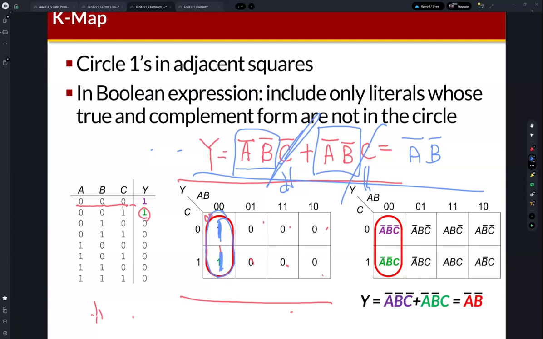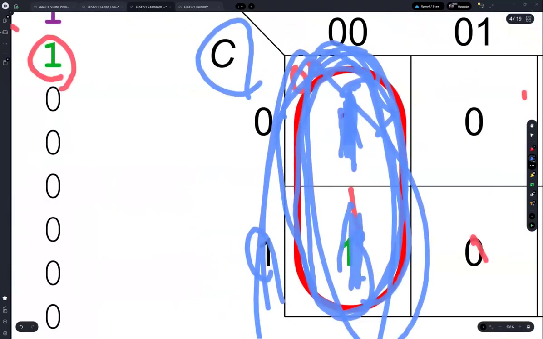So in this case, we can just merge these elements. Okay, so one here and then one. So this is the 1 and this is the 1, and then we combine these elements, and then we can remove C here because C is 0 and C is 1 here, right?